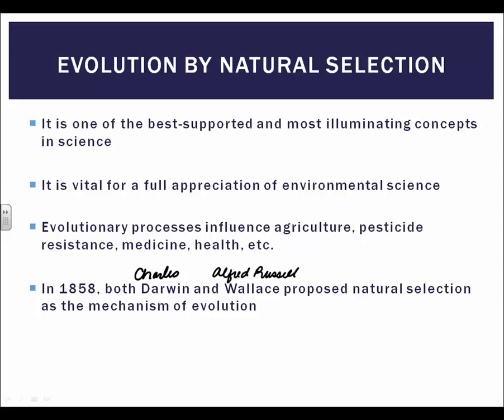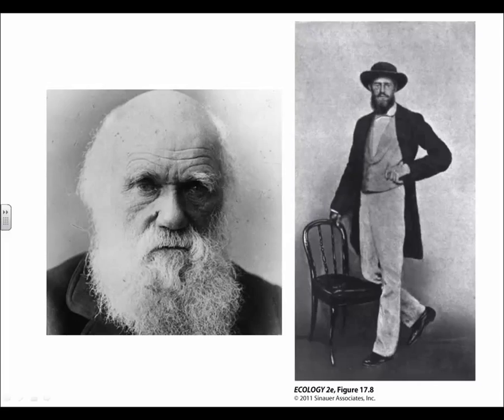Wallace also proposed natural selection as the mechanism for evolution. So they both worked on this independently and proposed the same concept. Here's a picture of Darwin on the left, and on the right you see Alfred Russel Wallace.